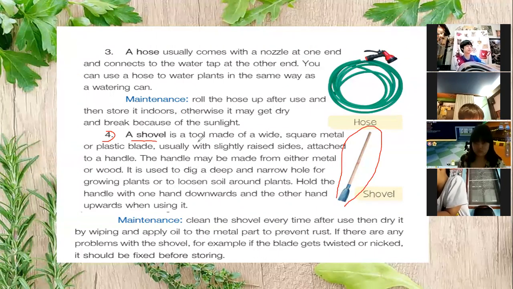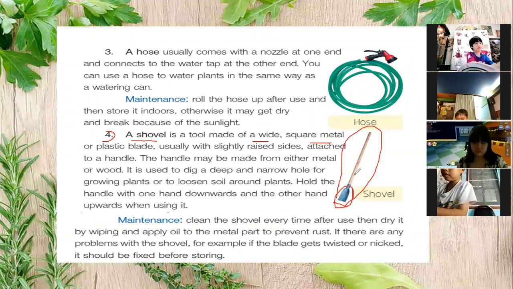A shovel is a tool made of a wide, square metal. Here you can see it is made of wide and square metal, with a slightly raised side attached to a handle. The handle may be made from either metal or wood.